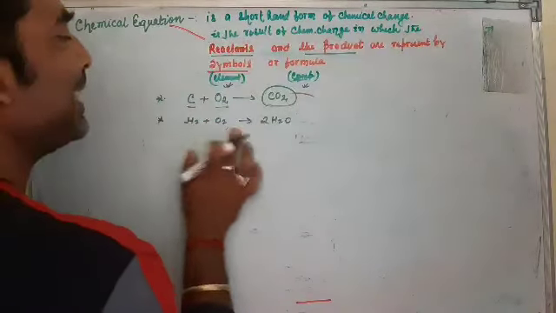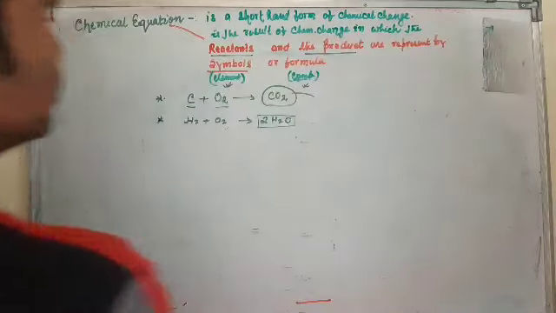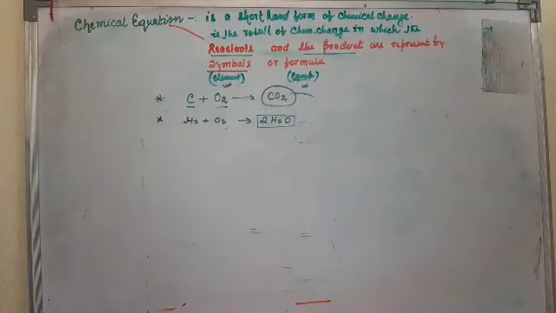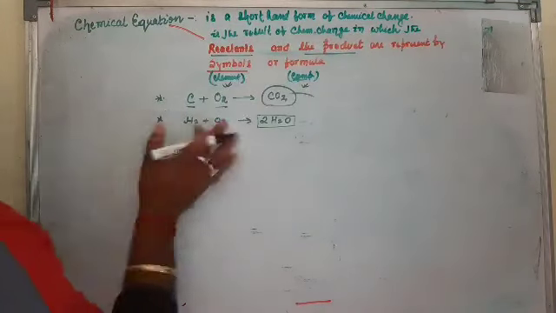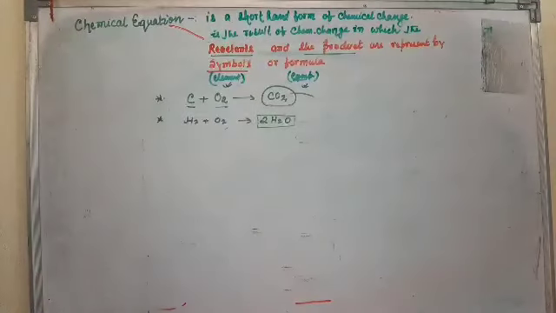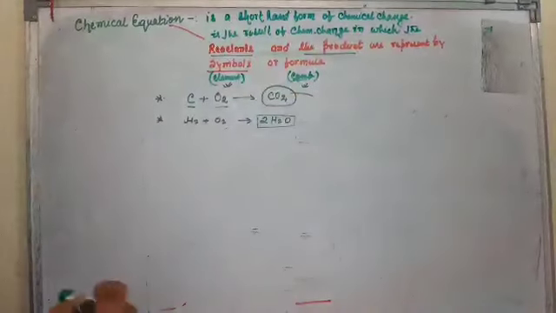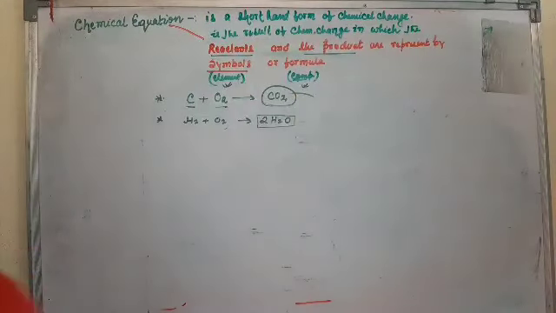They are the reactants, and after they react, water is formed. So the left side is reactants and the right side is products. Clear?